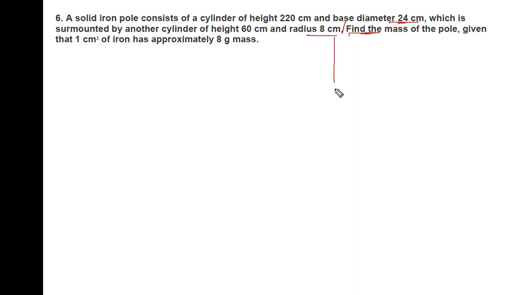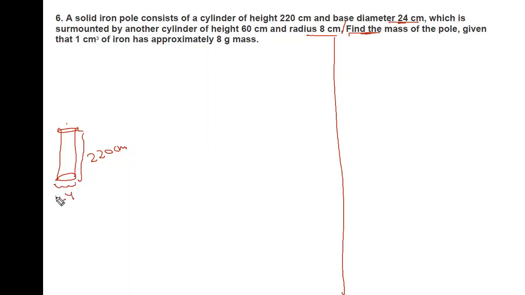Okay, so here what is given, let's see the figure first. The figure is like that, an iron pole is there, whose height is 220 cm. The diameter is here 24, so this length is 24 cm.